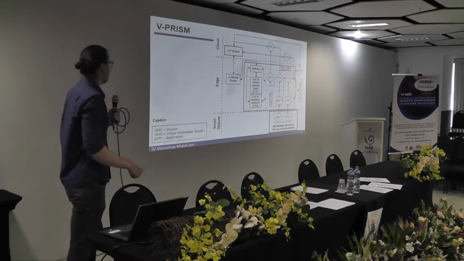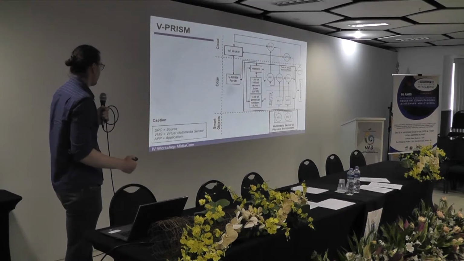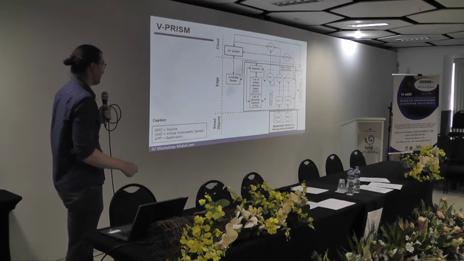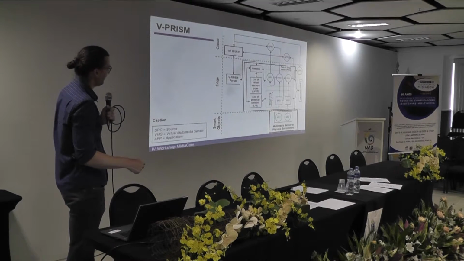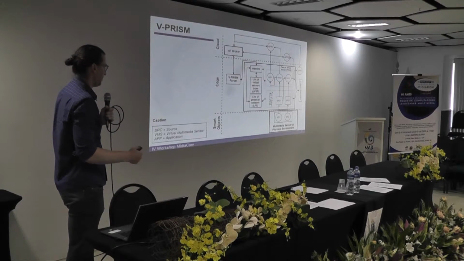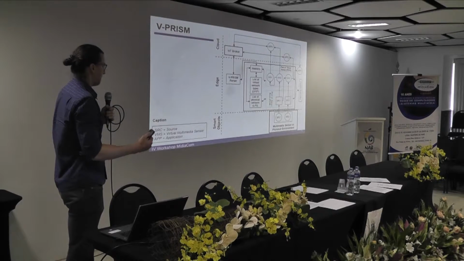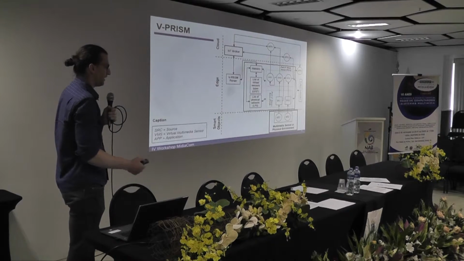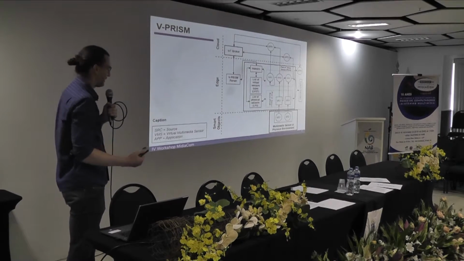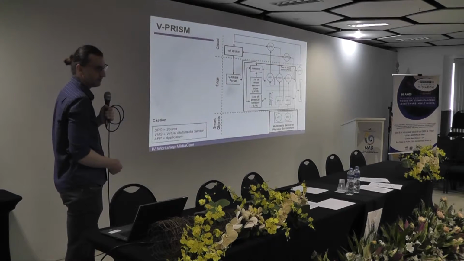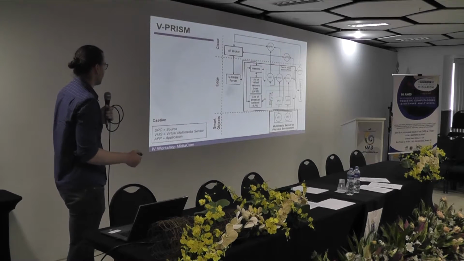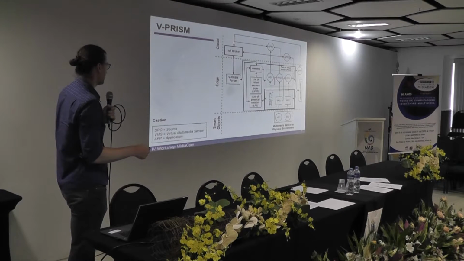Here we have an overview of our architecture. On the bottom we have the physical devices, for example a USB camera, a Bluetooth microphone, or an RTSP device, and the data produced here ingresses into our architecture through a component called source.